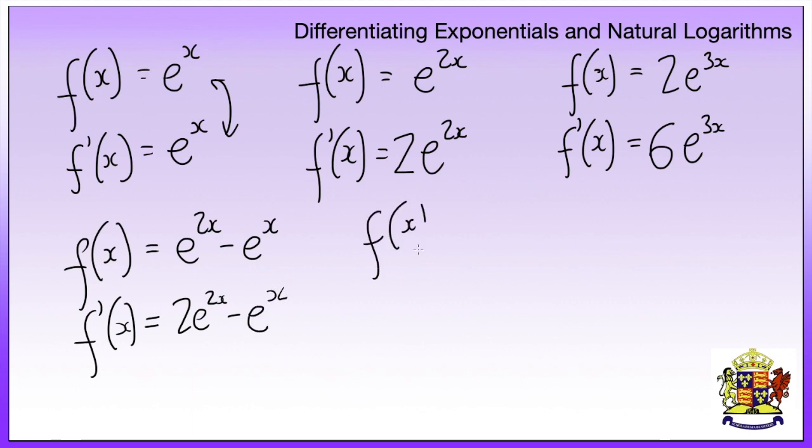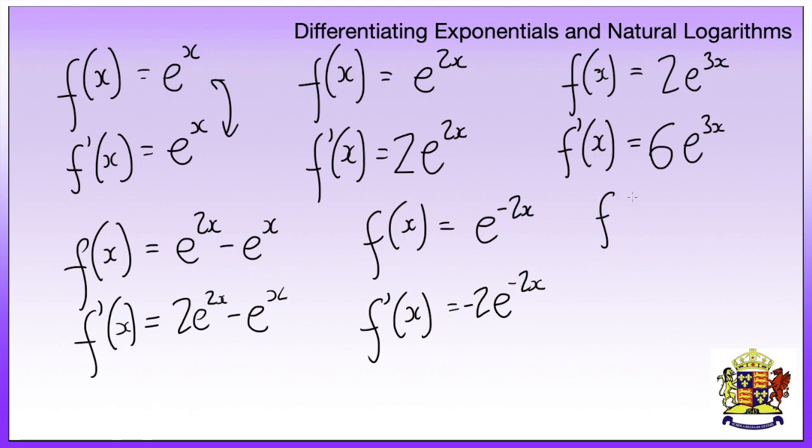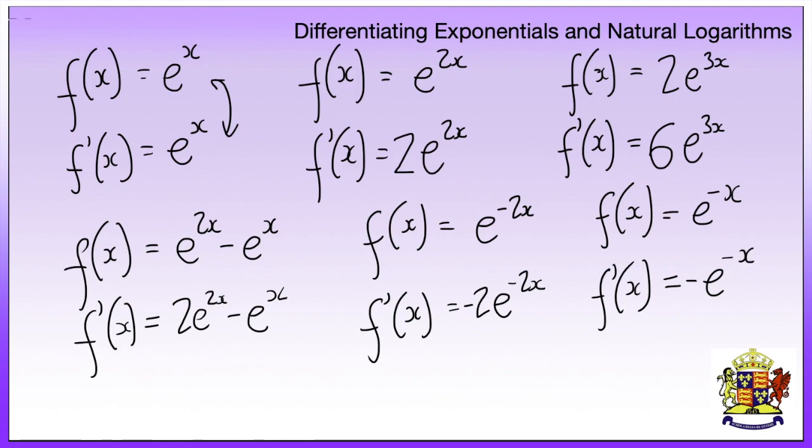If I bung in some negatives, so if I have e to the minus 2x, when I differentiate this, I get e to the minus 2x times minus 2. Okay, finally, don't be caught out if I have e to the minus x, it's going to become minus e to the minus x.